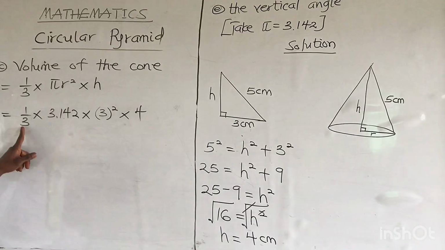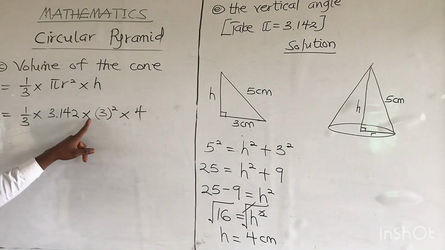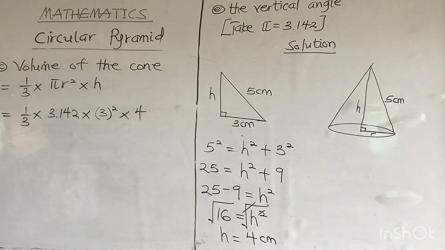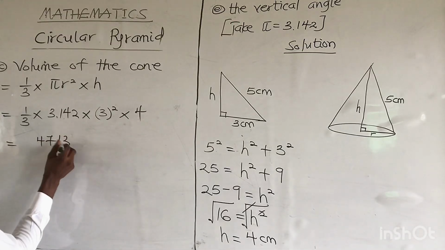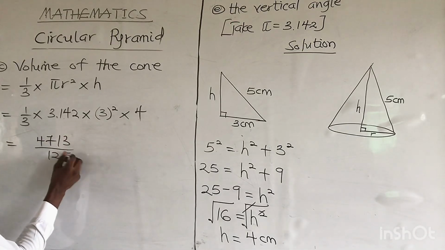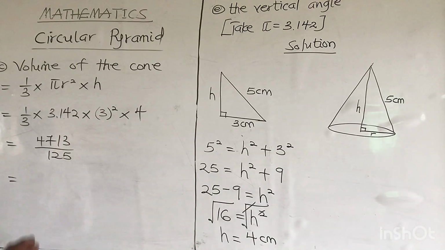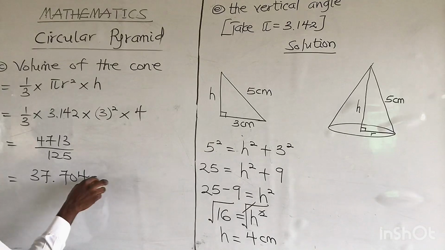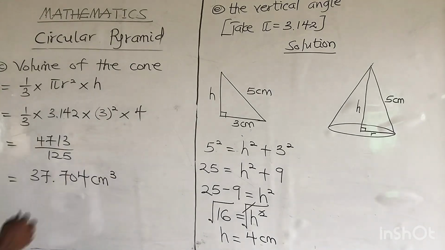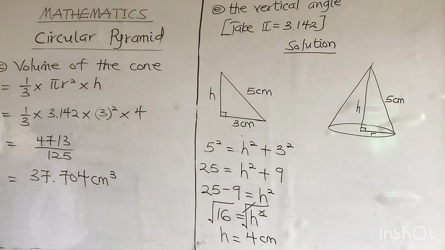So from here 1/3 multiplying 3.142 times 3 squared times 4, we are going to get 4713/125. And when you want to find the decimal of this, we have 37.704 centimeters cube, because we are looking for the volume.